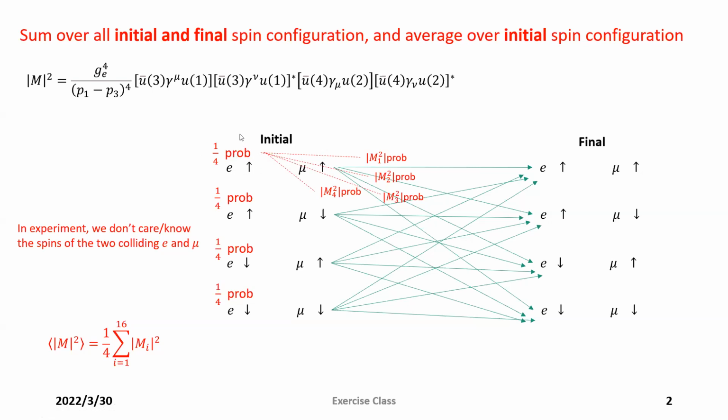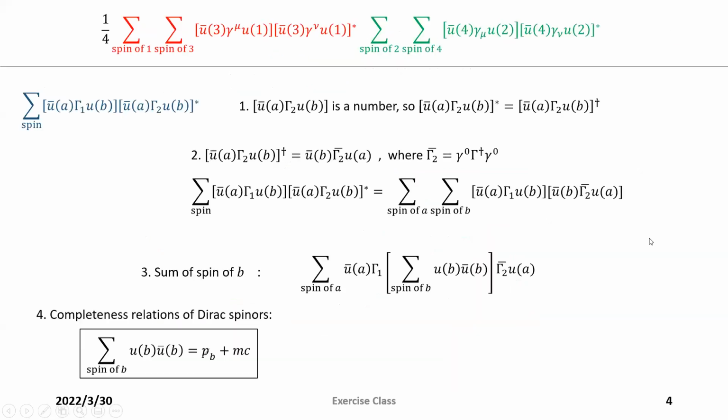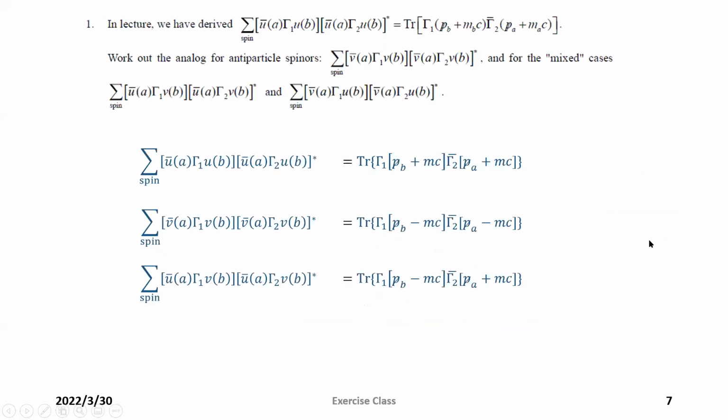We have 1/4 probability for each initial state, and for each initial state we have 4 paths. So we just multiply them together and then add them up. Okay, so that's question 1.